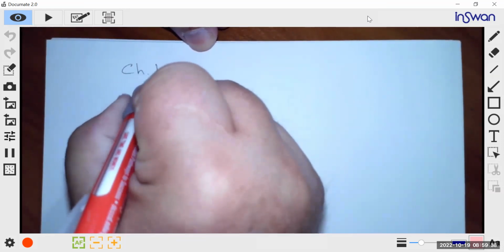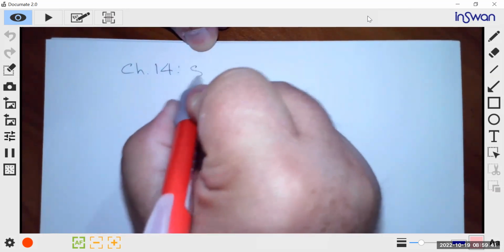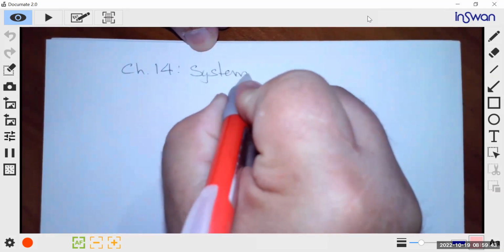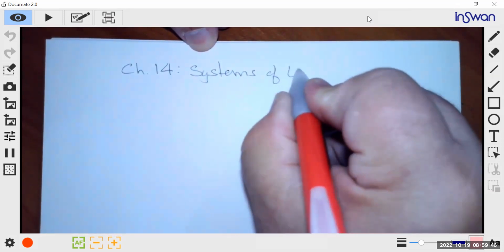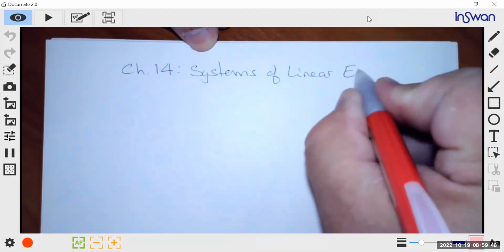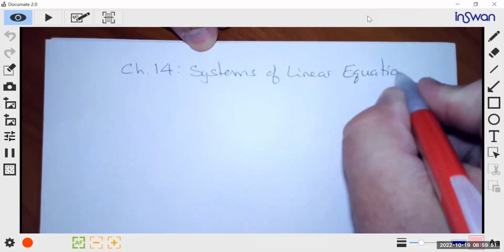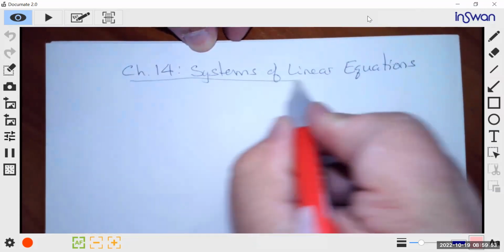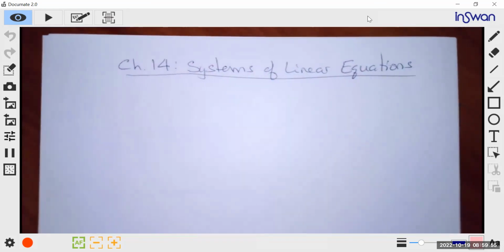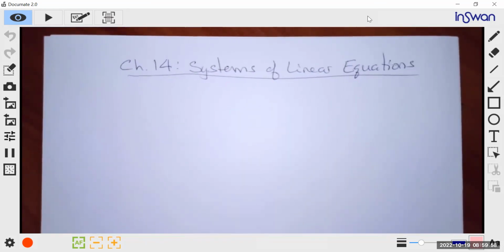Chapter 14. Systems of linear equations. This is chapter 14.